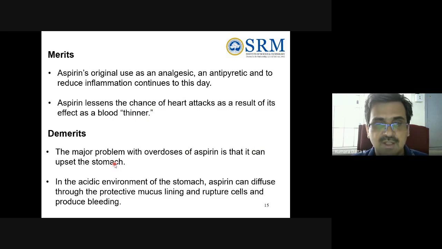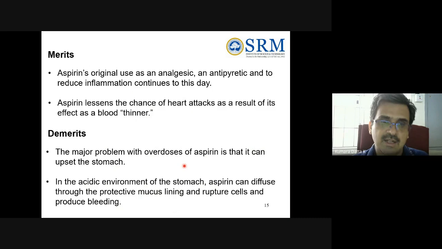Coming to the problems, if you take more doses of aspirin, it can upset the stomach. Since the stomach itself has a very acidic environment, aspirin can diffuse through, because aspirin is already an acid with an ester group, so it goes through the protective mucus lining, which ruptures the cell, and it also creates bleeding if taken in overdose.